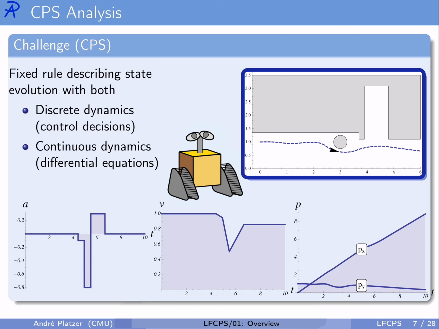Now, in order to give you a better sense of how the most important hybrid systems angle of it works, let me zoom in to the idea behind the hybrid systems models, which of course we will see in a lot more detail developed in the next aspects and chapters of this course.